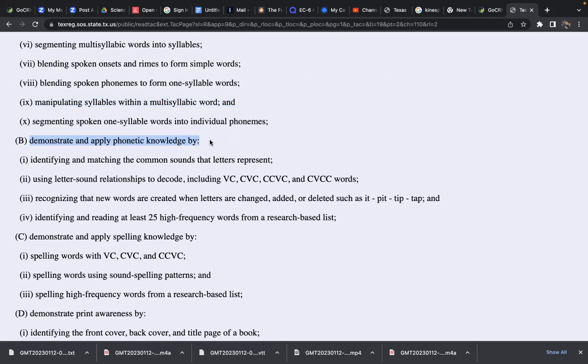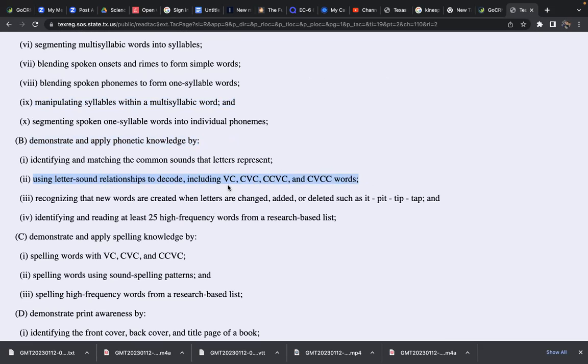Demonstrate and apply phonemic knowledge. Look, identifying and matching common sounds that letters represent. Common sounds that the letters like k, k, and then the cat, right? And they would circle it and do it together. But look at this. Using letter sound relationship to decode, including, this is the most basic.